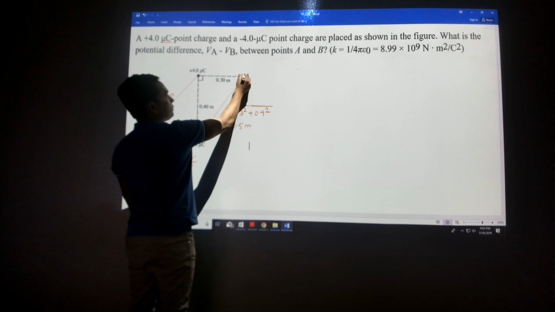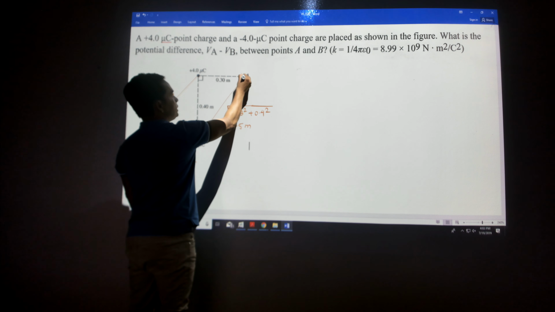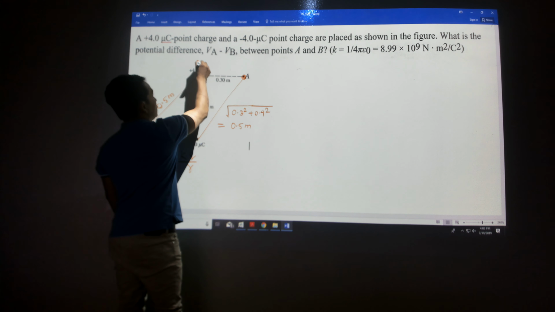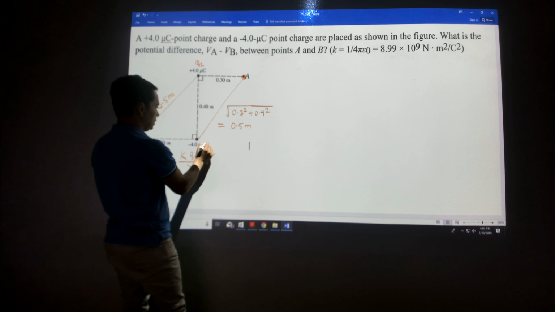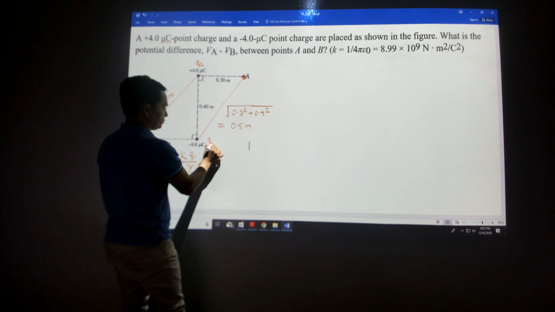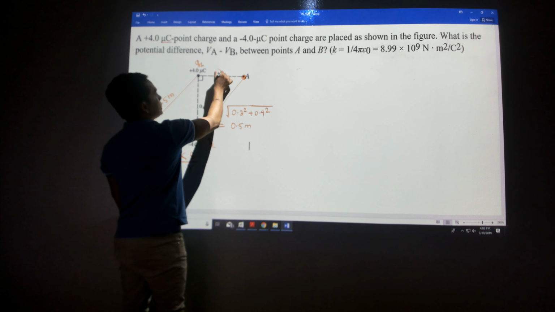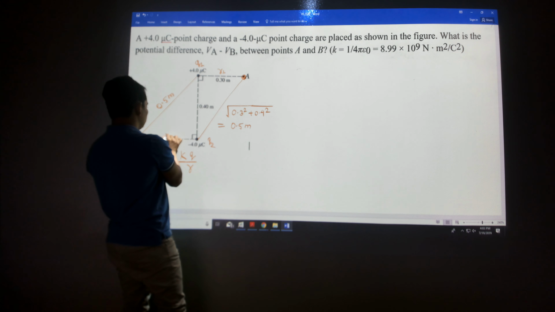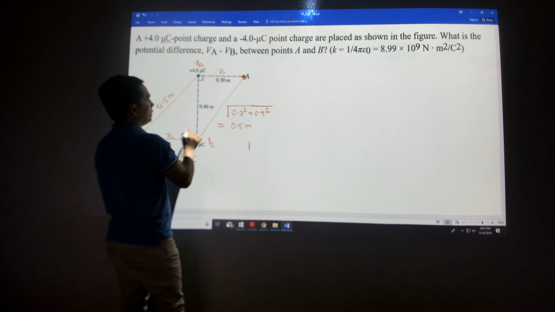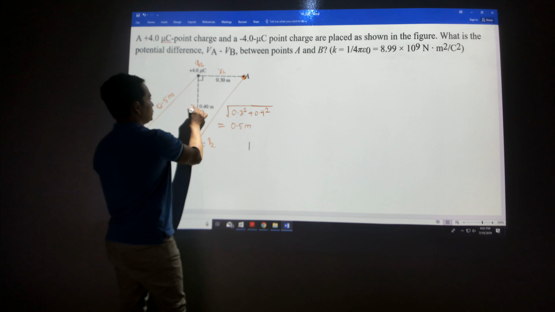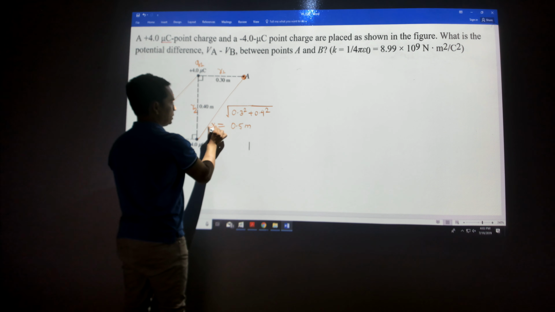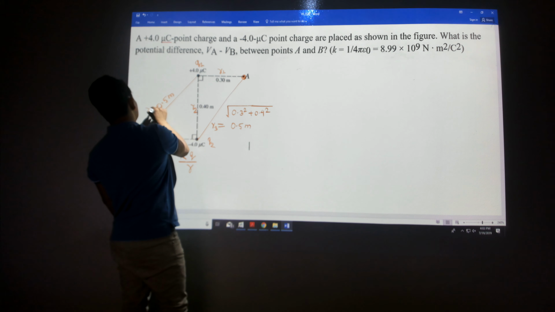So let's calculate first the potential at point A. We call this charge Q1 and this charge Q2. I'm calling this distance R1, so this one will be R1 as well. And this I call R2 and I'm calling this R3, so this one will be R3 as well.